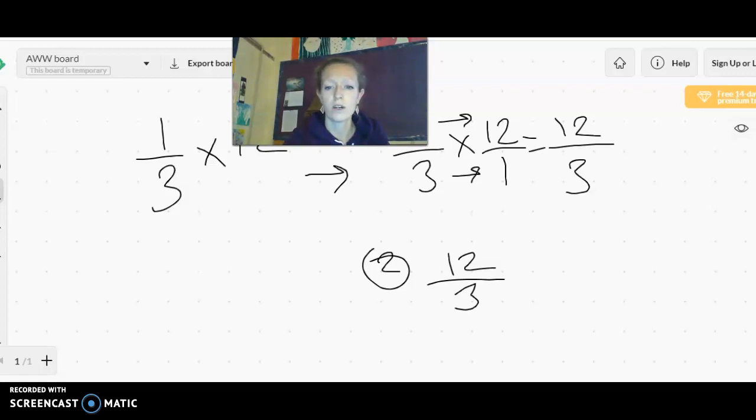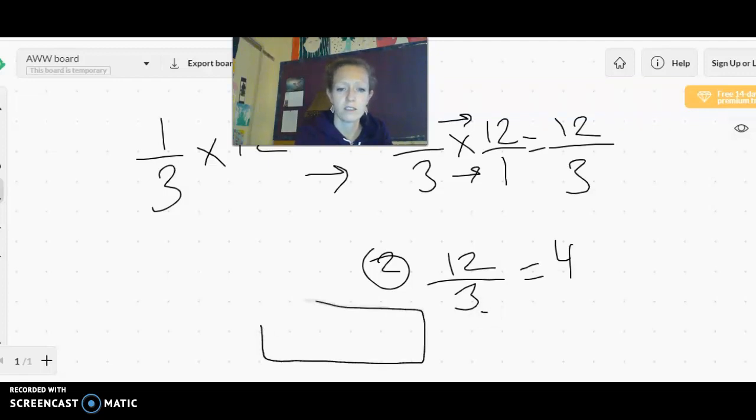Now, we know that I can make 4 wholes with a group of 12 if I have 3 groups. Let's draw it out for the sake of fun while we're at it, just so we're really clear. So here's my denominator. Those are the spaces that need to be filled. I have 3 of them.